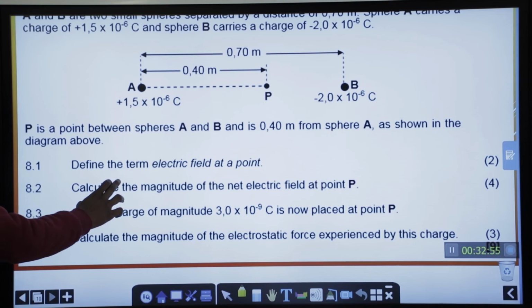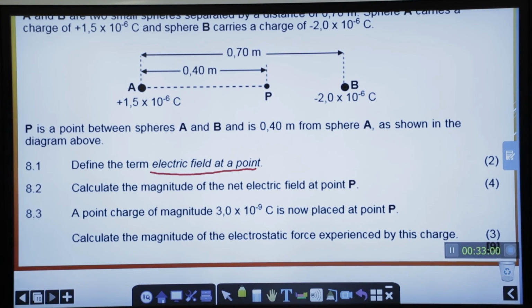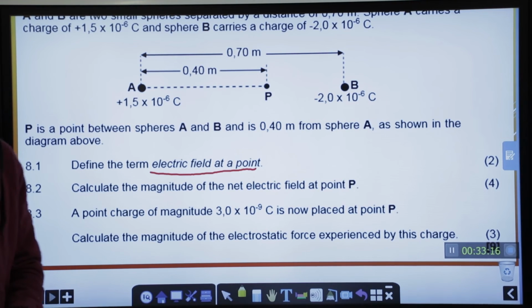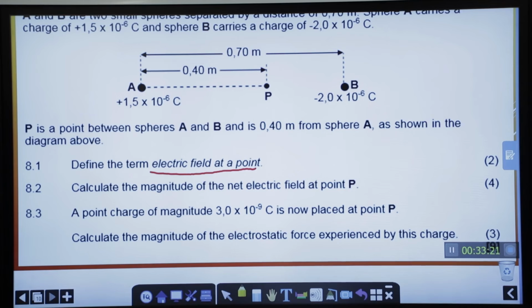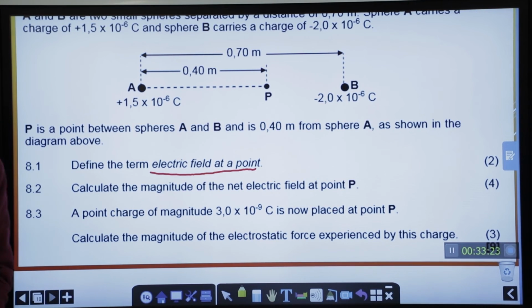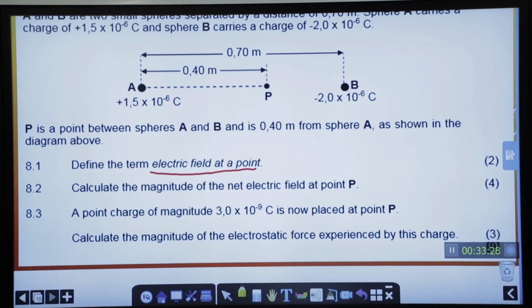Be able to state it, write it in full, and remember it for the sake of examination. The electric field at a point is defined as the force per unit positive charge that the charge experiences at that point.